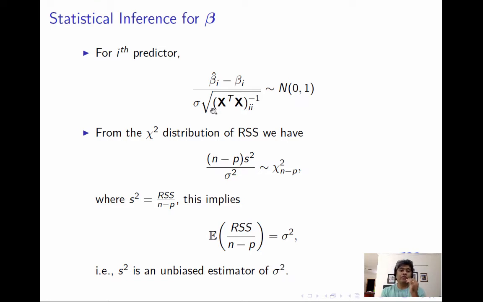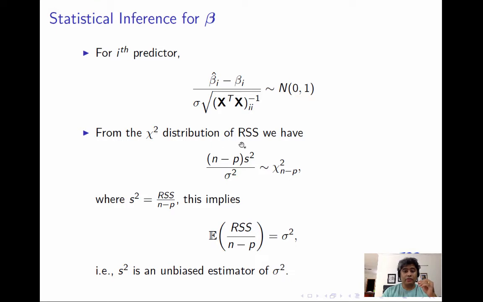If you take the square root of that diagonal element and multiply it with sigma, that gives you the standard error of beta i hat, or the standard deviation of the sampling distribution of beta i hat. This is an important result that we are going to use again and again in many of our statistical inference and data analysis.